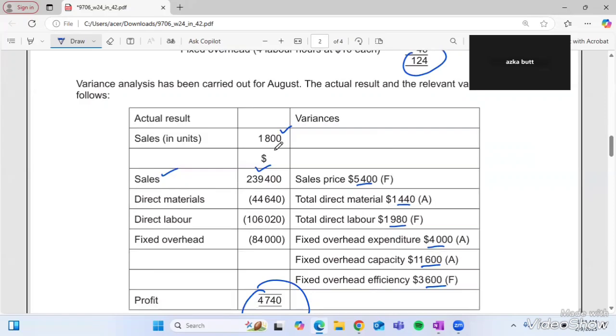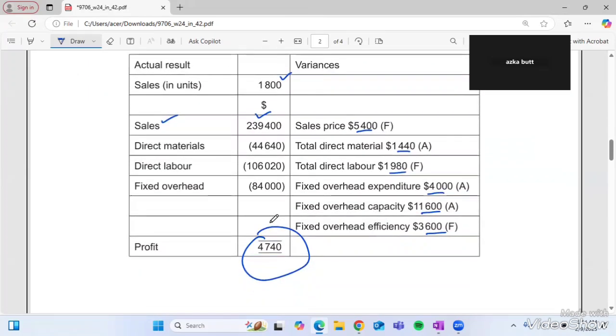Actual sales were only 1,800 units, okay, and actual sales revenue is 2,39,400. Actual direct material is this, okay. Actual fixed overheads and actual labors is equal to 1,06,020, okay, and actual profit is equal to 4,740. And we already given the analysis.